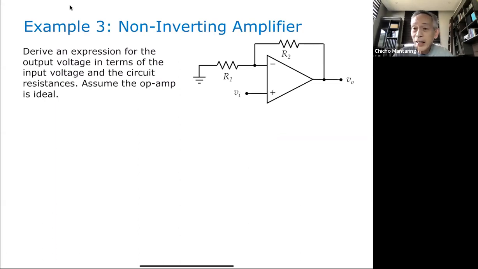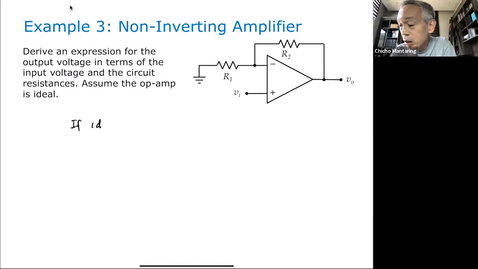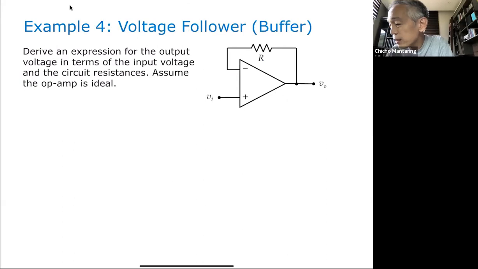Okay, so hindi ko pinakita dito yung V plus V minus. So when V plus and V minus are not shown, you just assume that it's not going to affect the output. Okay. So if this is ideal, V plus is equal to V minus.